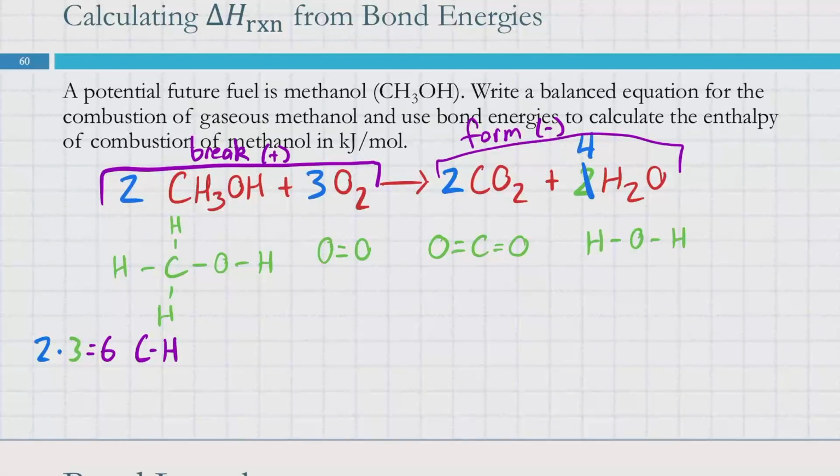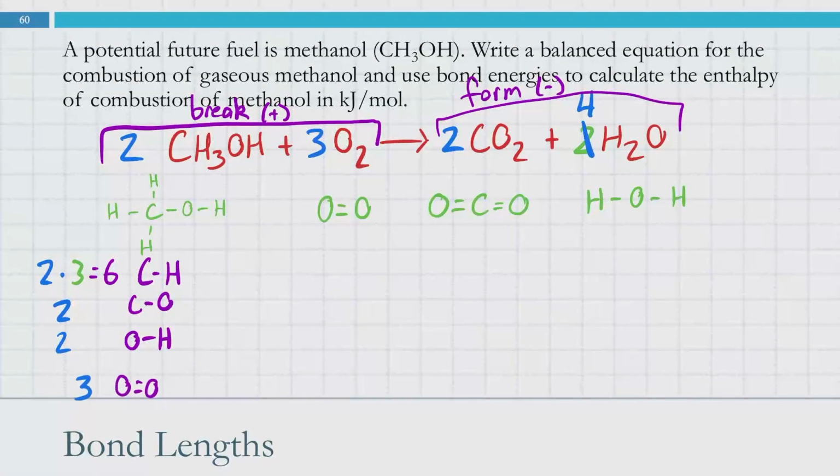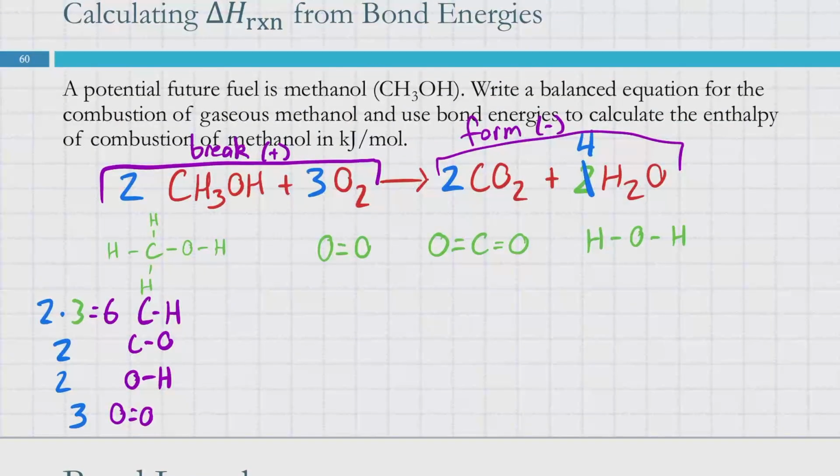We've got 1 per molecule, and we've got 2 of them, so 2 of each of those. The CO with a single bond, the OH also with a single bond. Some of these are going to be backwards the way that we find them in our table. And then we've got 3 oxygen-oxygen double bonds. And I'm going to shrink my methanol. So that's our full count, assuming I did everything correctly for the bonds.